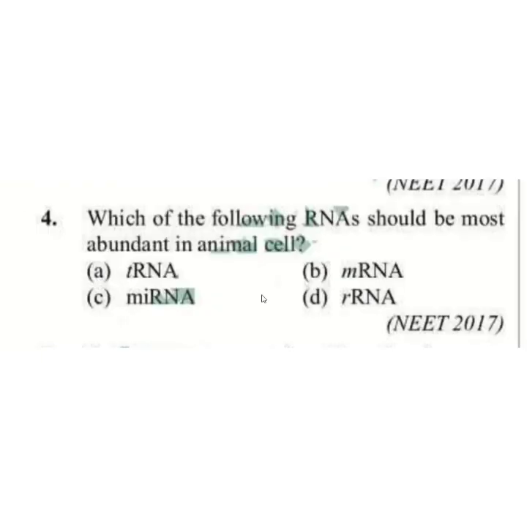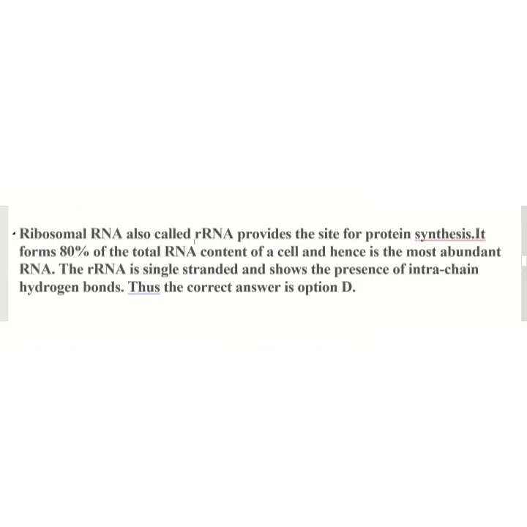Next one. Which of the following RNA should be the most abundant in animal cell? Ribosomal RNA, also called rRNA, provides the site for protein synthesis, and it forms about 80% of the total RNA content in a cell.